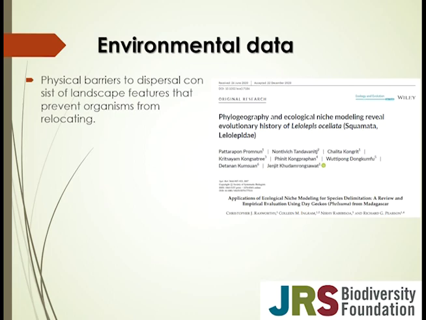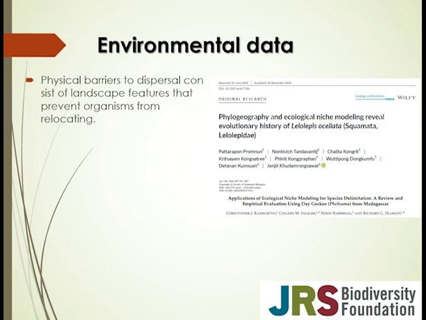Another publication is on application of ecological niche modeling for species delimitation, a review and empirical evaluation using day geckos from Madagascar. And one of the authors, the last one, is Pearson, who is a great personality in the field of biodiversity informatics.